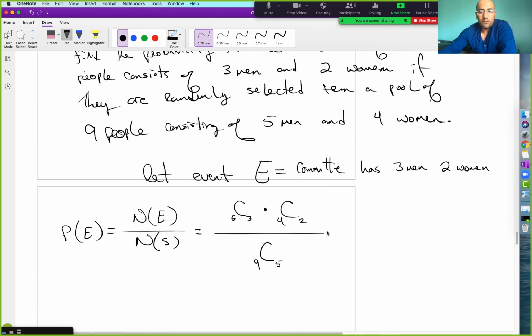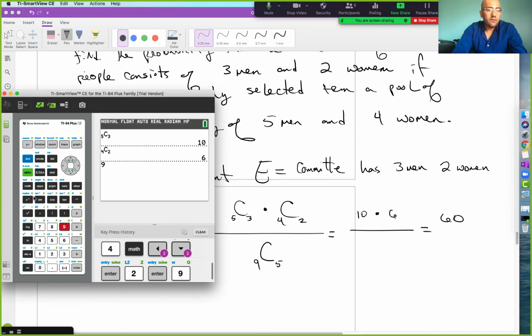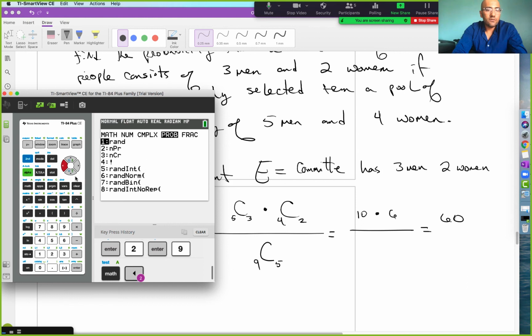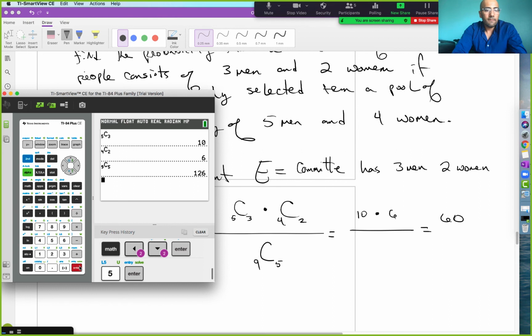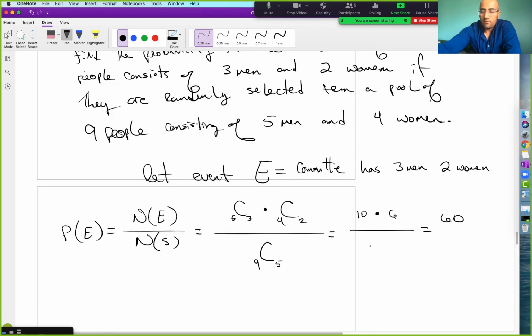Good. Okay, so then this is going to be equal to 10 times 6. We know the numerator is going to be equal to 60. The denominator, well, let's just use our calculator. It's going to be 9 choose 5 combinations. 126.